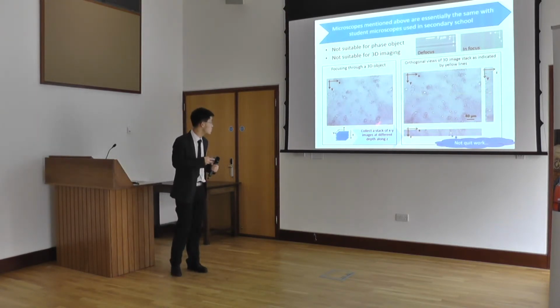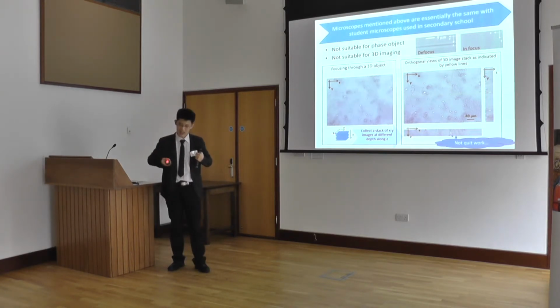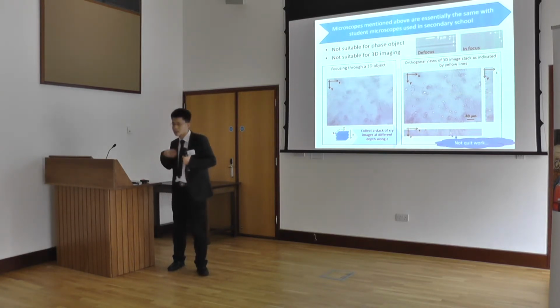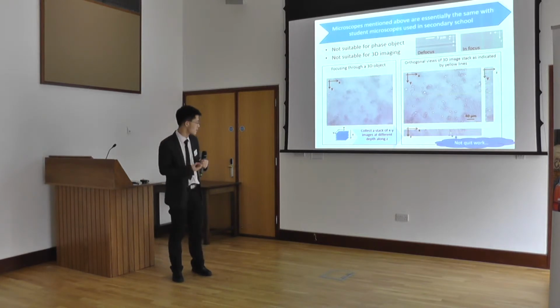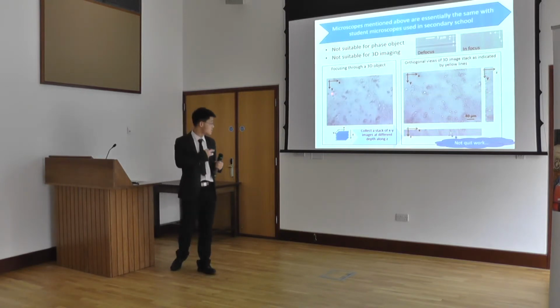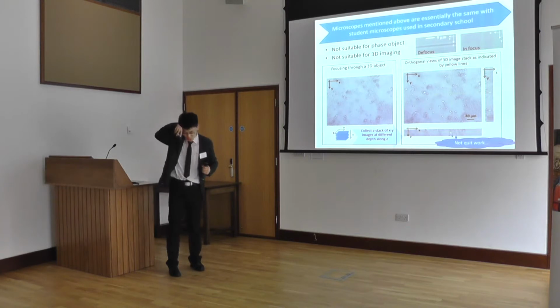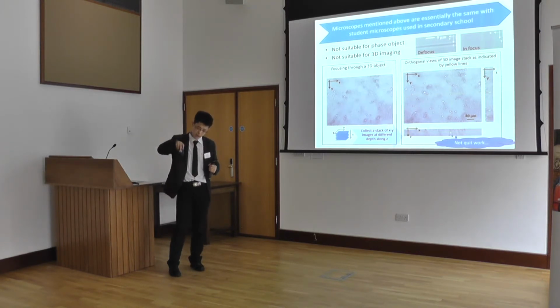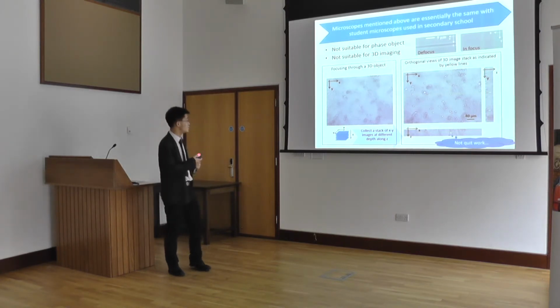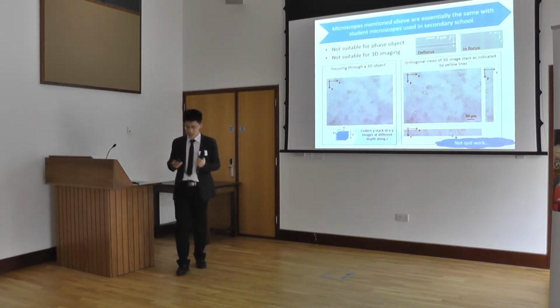And in this movie, again, it's the same microscope as what you have used in secondary school in the biology class. What it's doing is stepping down along the z-axis. You're moving your objective lens down, and then you focus into different planes.